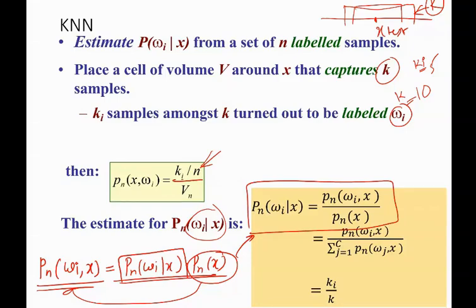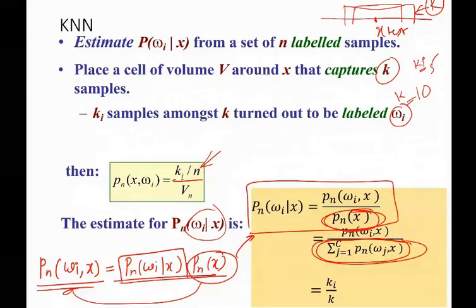Now this denominator, probability of x, you can write in terms of the joint probability of x for different classes. So this P of x you can write as summation of j equal to 1 to c probability of omega j and x.